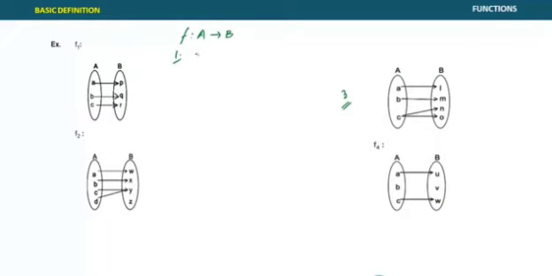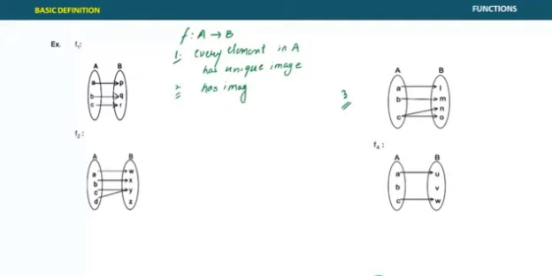For functions to exist, every element in A has a unique image. And the second condition we have to apply here is that there should be no empty element, every element has an image. It should have an image.